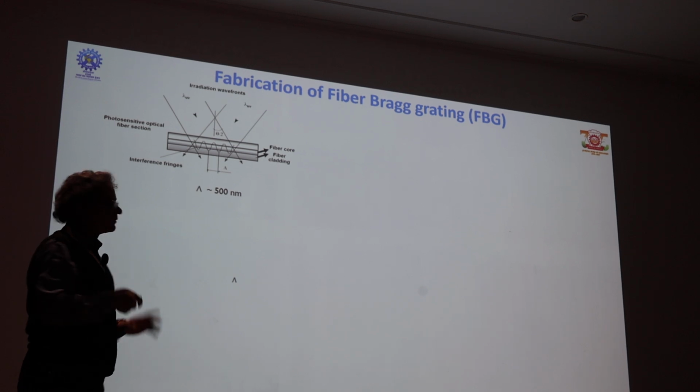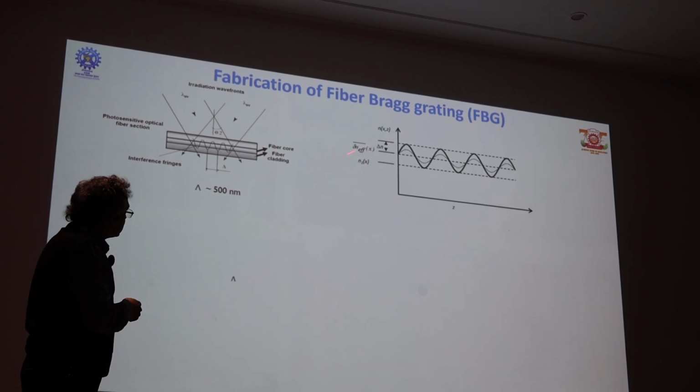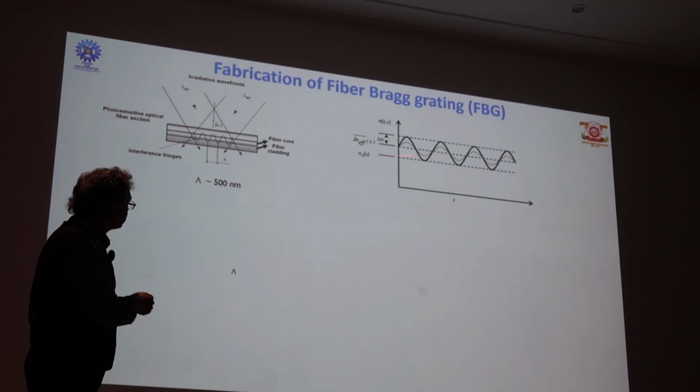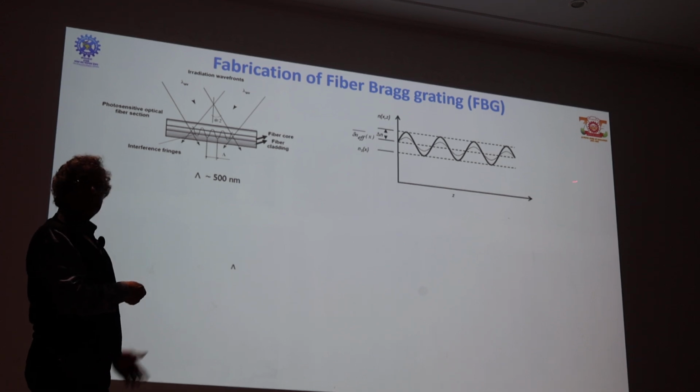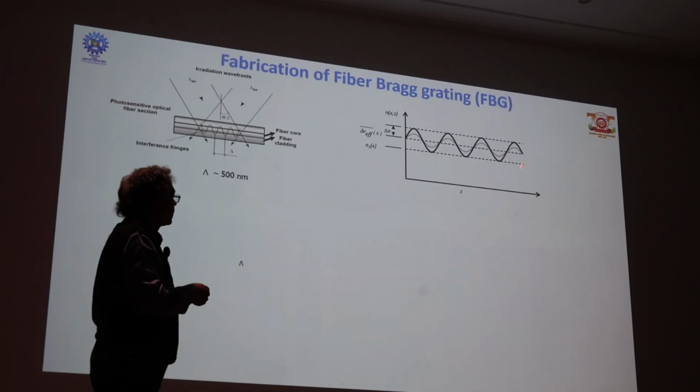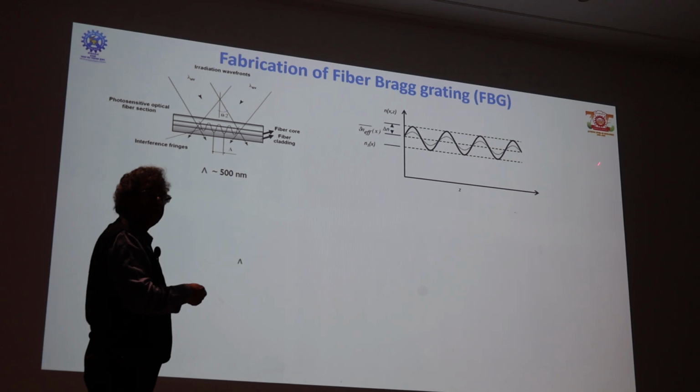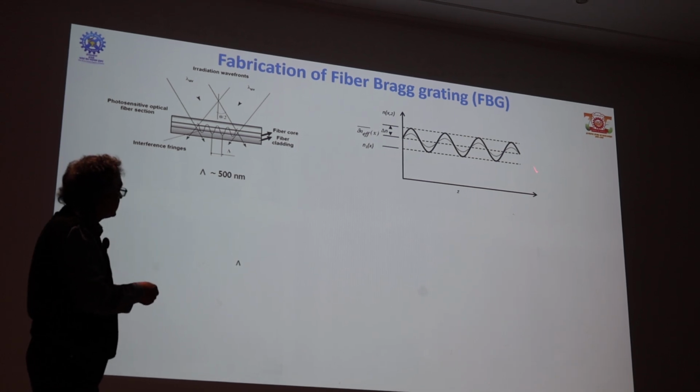and the rest, where there is no light falling, remains at the original refractive index. So initially there was a refractive index of the core. Depending on this light, for simplicity and for mathematical use also, we are using a sinusoidal fringe pattern.